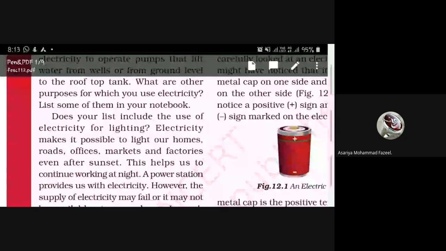Now electricity is used for many purposes. What we have to do is list some of them in your notebook.